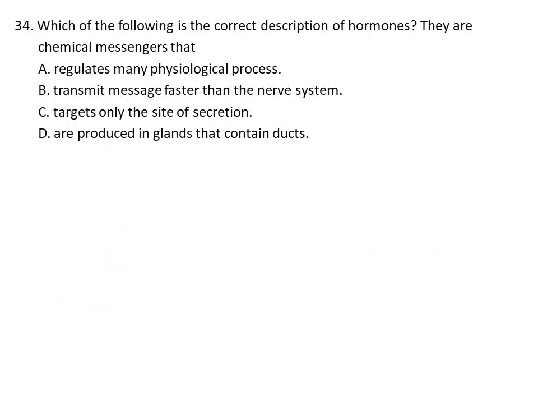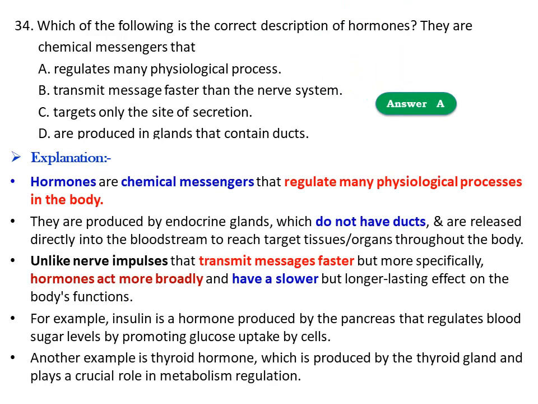Question number 34. Which of the following is a correct description of hormones? They are chemical messengers that regulate many physiological processes, so the answer should be A. Hormones are chemical messengers that regulate many physiological processes in the body.